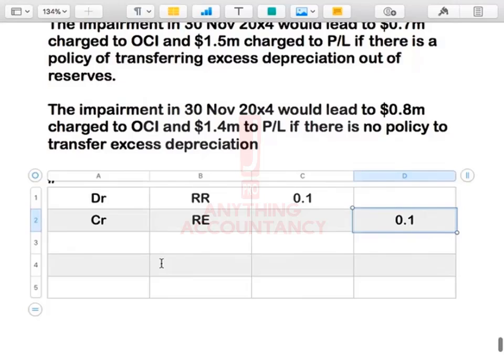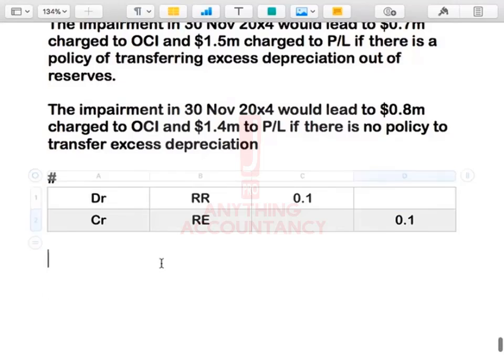That's the policy issue. Understand the meaning of policy issue? If there is a policy, this entry will occur. They will move money from the revaluation reserve to the retained earning. Got it?